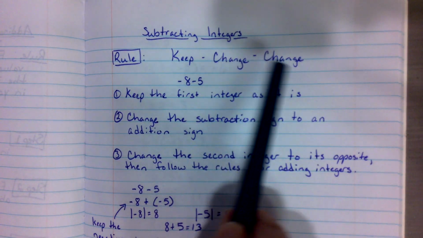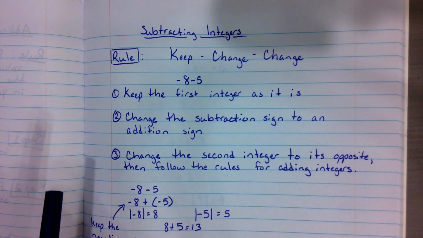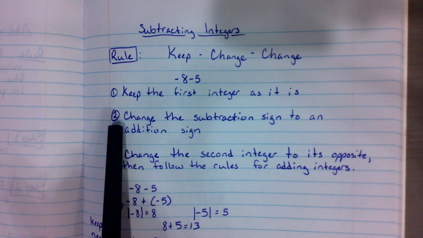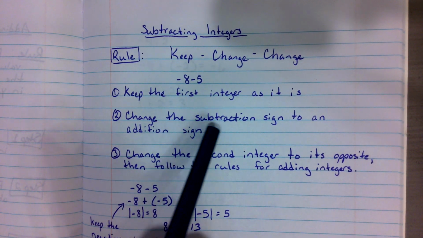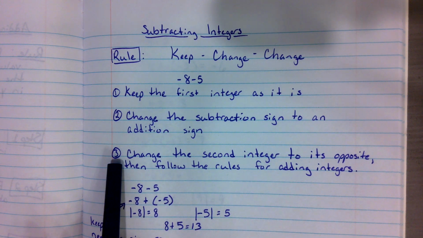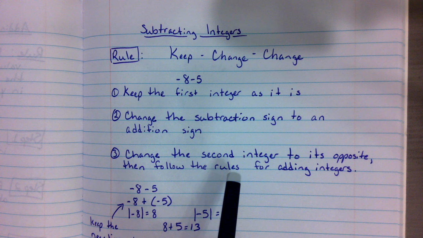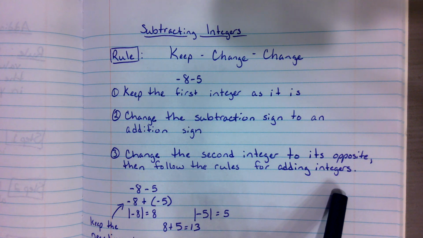So following this keep, change, change, first you're going to keep the first integer as it is. So that would be the -8. Next, you're going to change the subtraction sign to an addition sign. Third, you're going to change the second integer to its opposite and then follow the rules for adding integers.